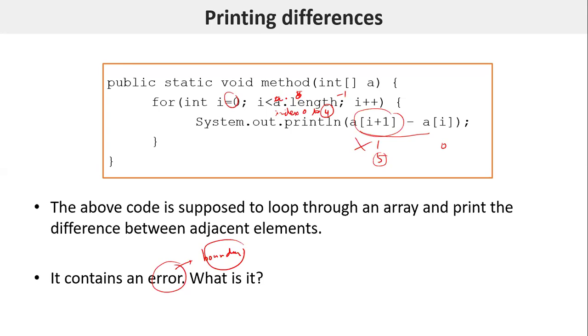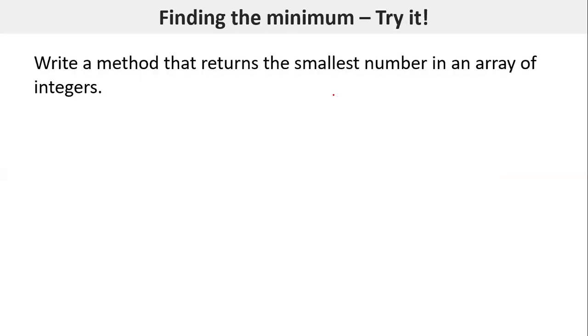Not less than or equal, less than length minus 1. Okay, that is the best way to fix it. It depends on the size though, and on the logic, because you go into the next element or the last, so that's why you have to put minus 1.